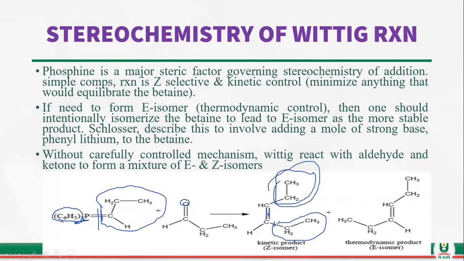So the bulky groups are on the same side of the plane, and we have the Z isomer. But if it is to the other side, here you see the bulky one here is to the left, but the bulky one here is to the right. So this is like a trans isomer, and we call it the E isomer.